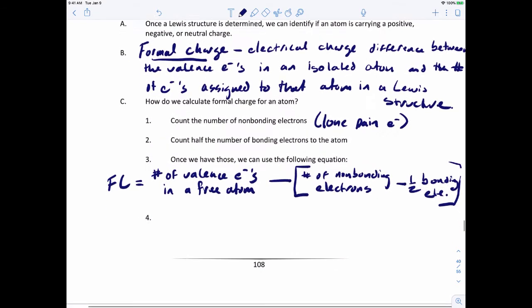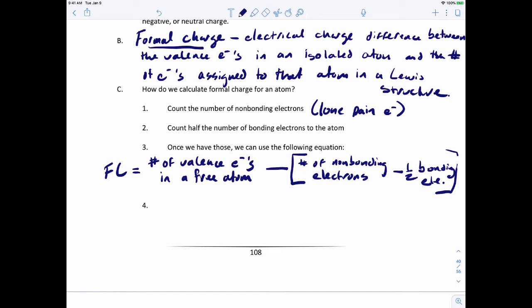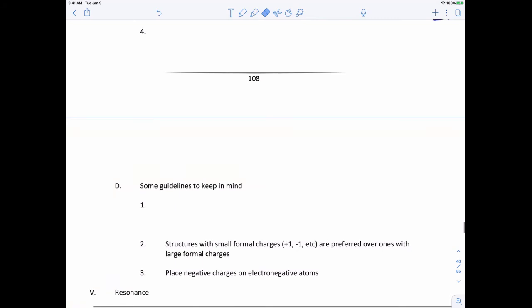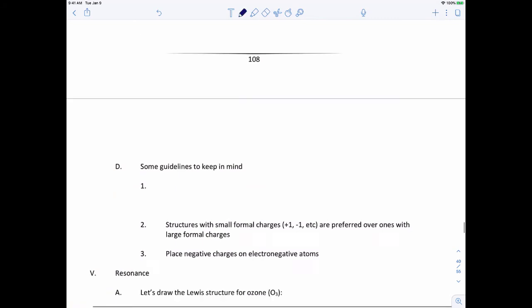Now, some things to keep in mind about formal charge. Some guidelines to keep in mind.